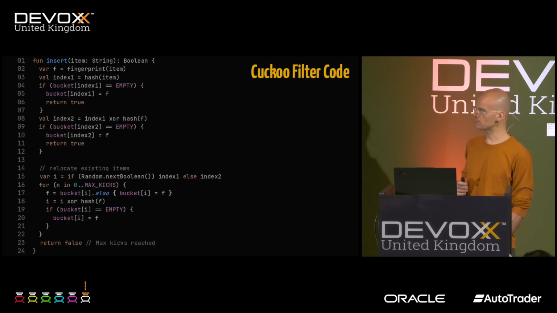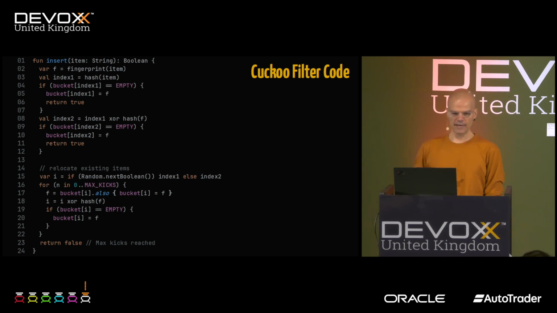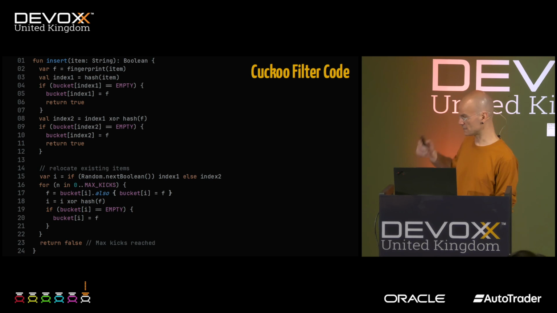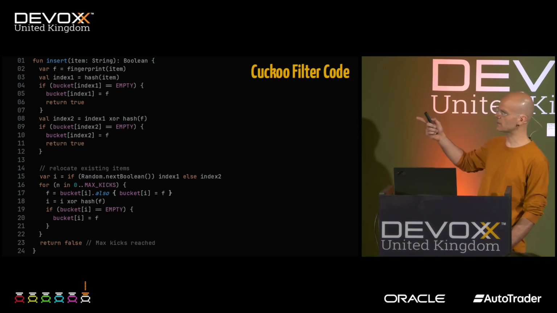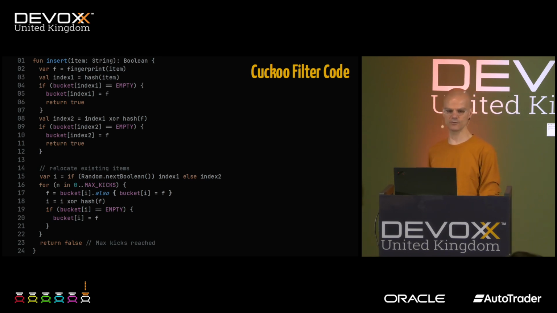Here there's a simple implementation of the insert function. You can see that at line 4, we're checking if the bucket is already taken. If it's not already taken, then we put the value into it. Then we check the second bucket. If it's not taken, we just insert into there.